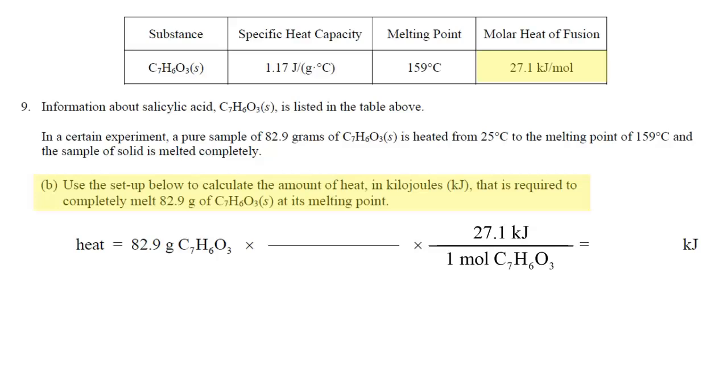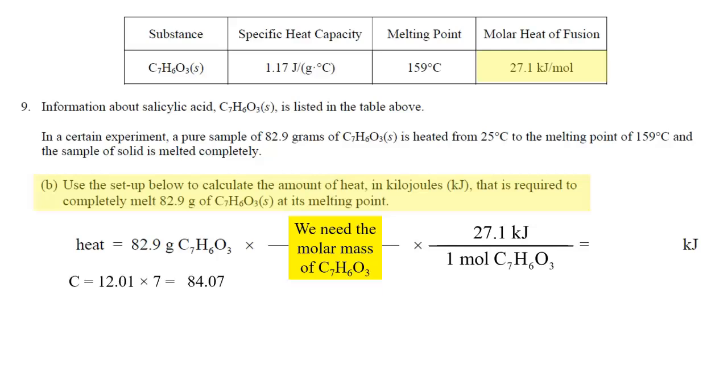So what's missing? How do I get from grams to moles? And that would be the periodic table. So we need the molar mass of C7H6O3 to go from grams to moles. Because then if I can go from grams to moles, I can go from moles to kilojoules using the molar heat of fusion. I look on the periodic table and I can see that carbon has a mass of 12.01 and I have 7 carbons.